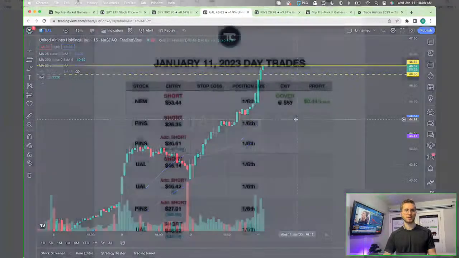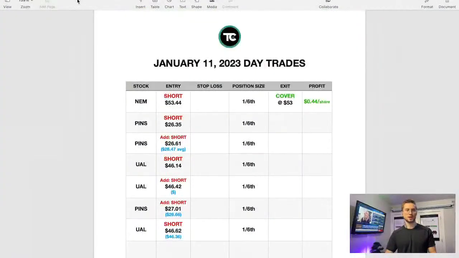Spiders are nearing the high of the day. Pinterest is still coming out. Apple's pushing, so it's likely going to lift the SPY. Tesla's pushing. Microsoft's pushing.